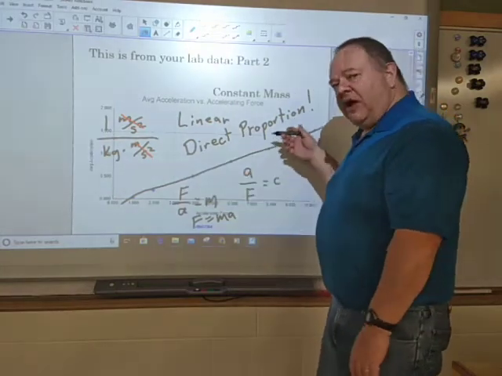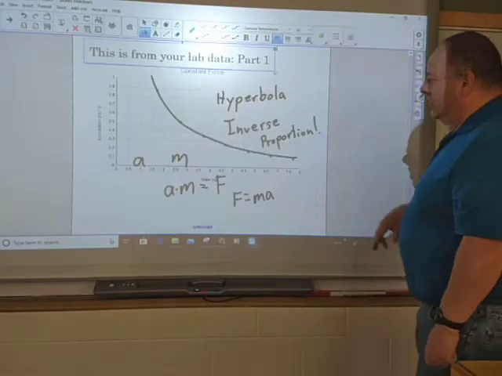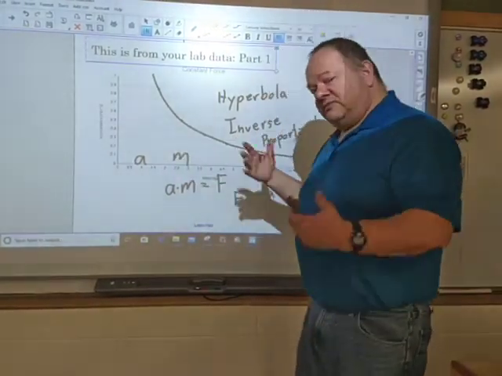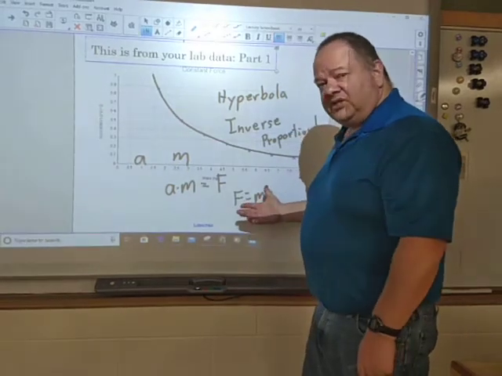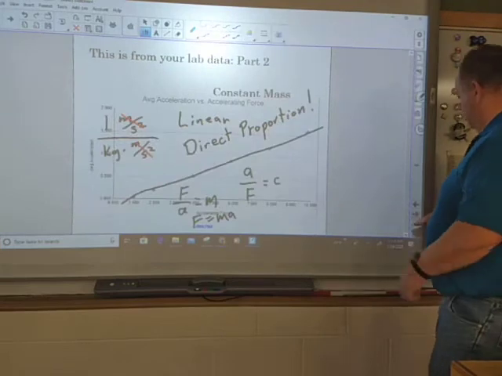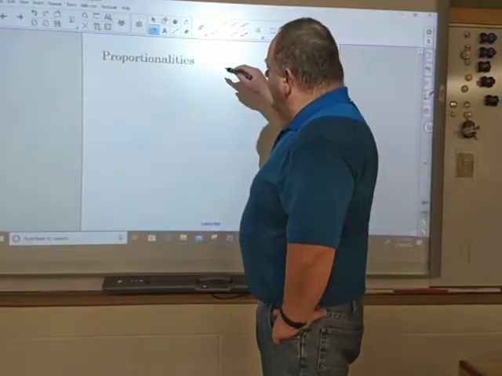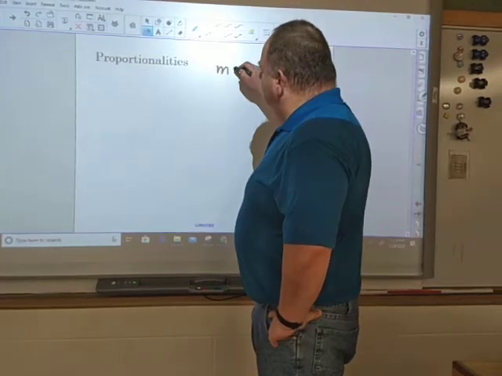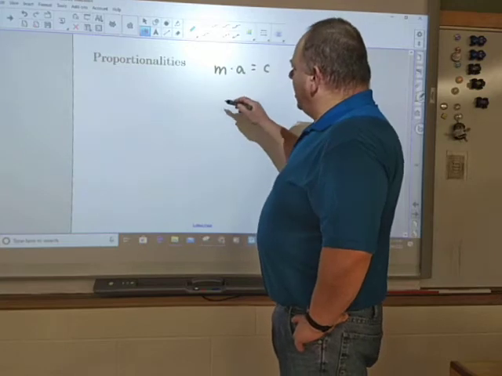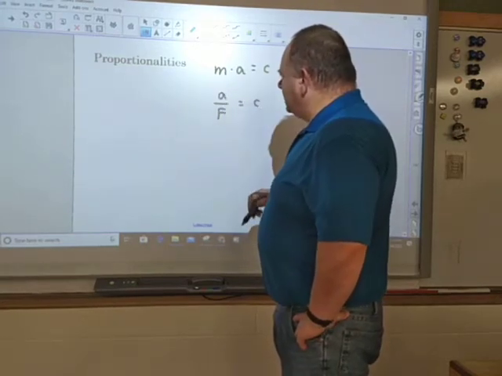The fact that this graph is showing us a direct proportion and this graph is showing us an inverse proportion leads to this formula. So, proportionalities. Mass times acceleration is a constant, and acceleration over force is a constant.